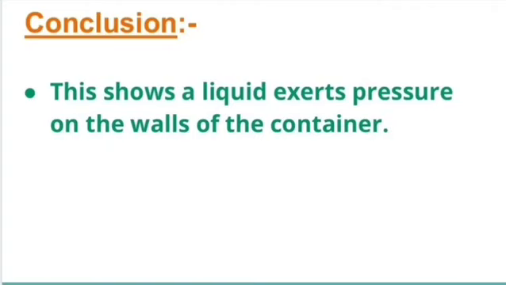So from this activity, we conclude that a liquid exerts pressure on the walls of the container. Because when we fill the bottle with water, there is some pressure exerted by the liquid on the walls of the container, and because of that pressure the rubber sheet bulges.